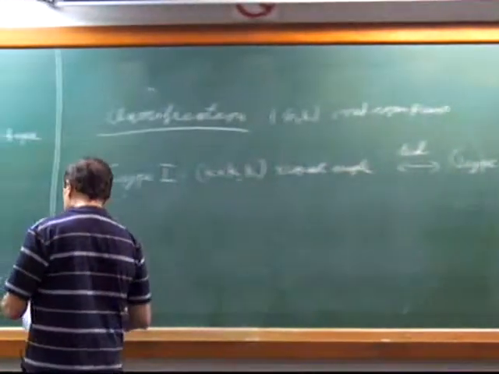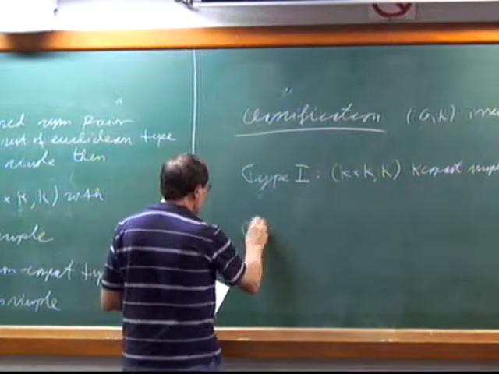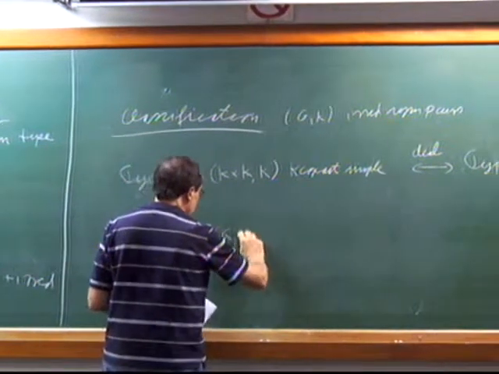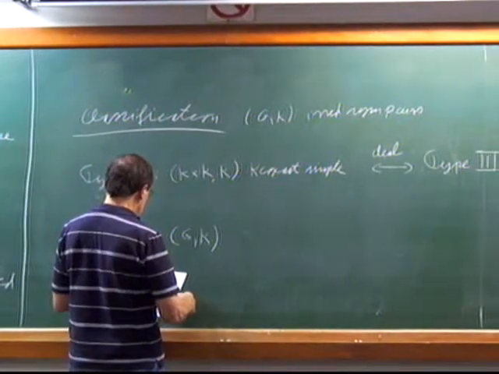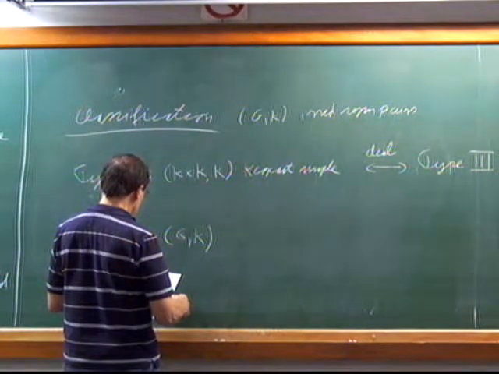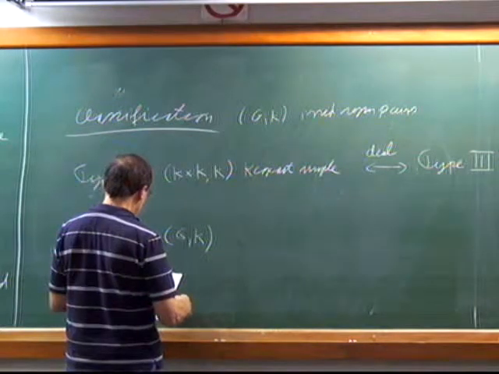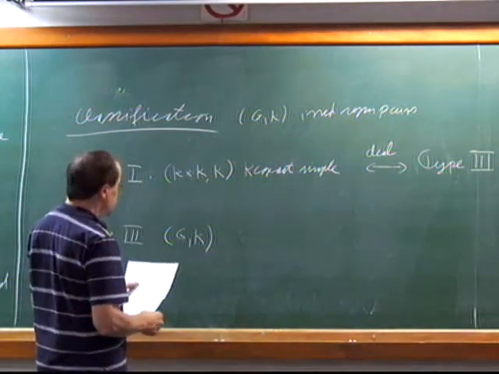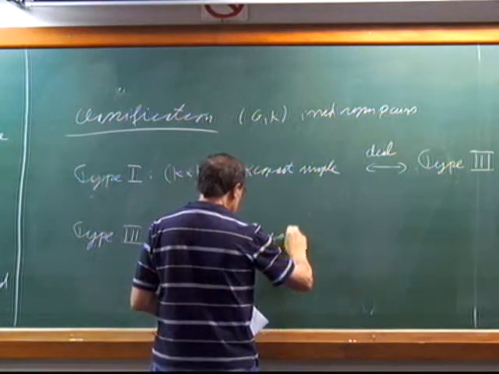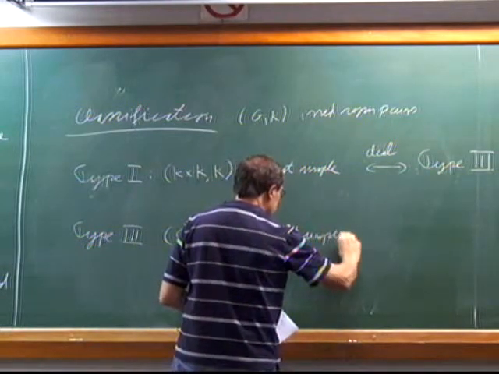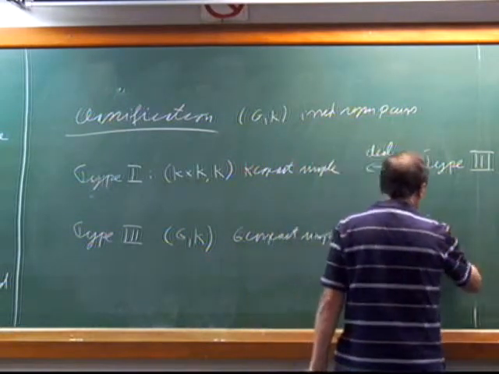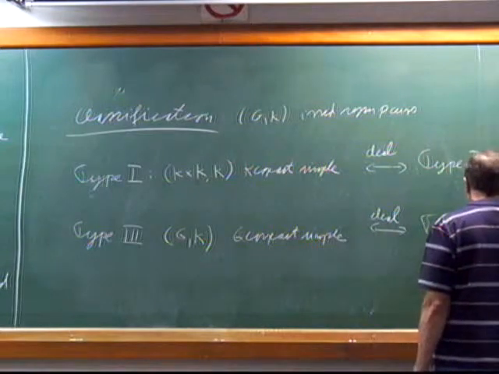I'm not going to need it in more detail. Type 3 is (G, K) with G compact simple. I think I have the numbering off, but let me finish it, then I change the numbering. And this, I claim, is then under duality due to something of type 4.